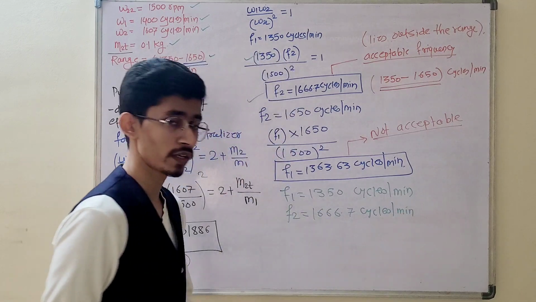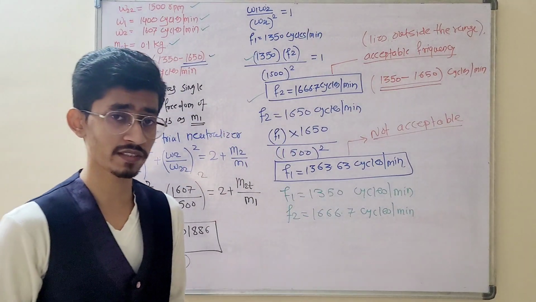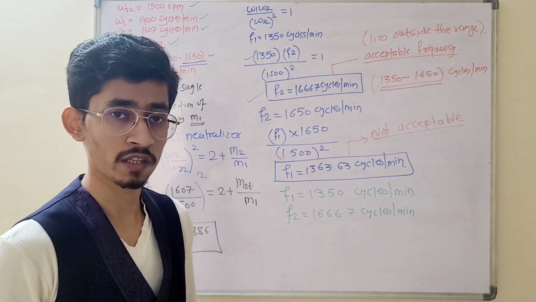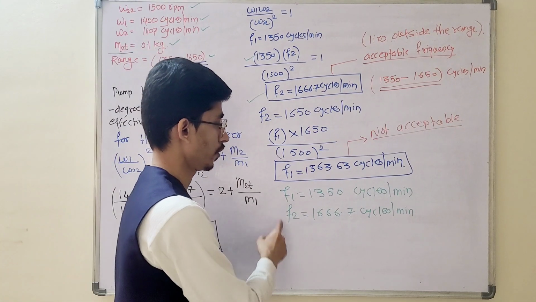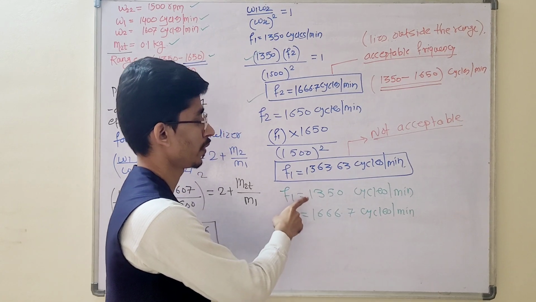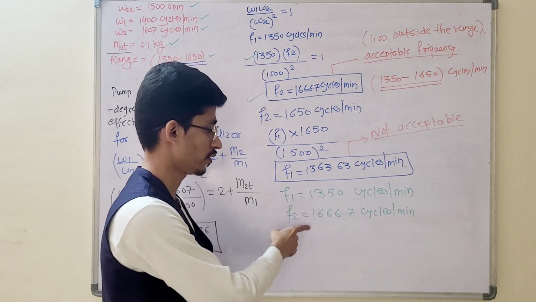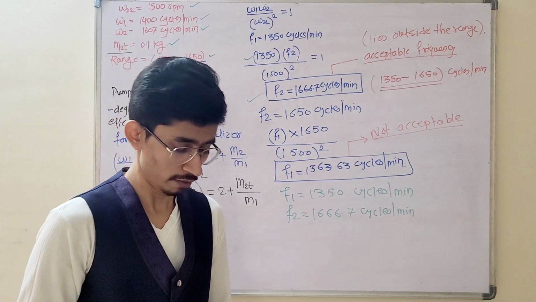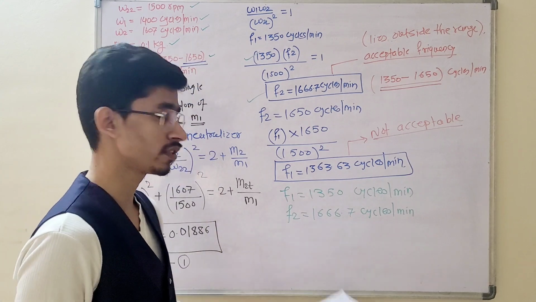From here onwards we will consider these two frequencies, F1 and F2, and we will solve the rest of the numerical based on them. The lower frequency is not acceptable.